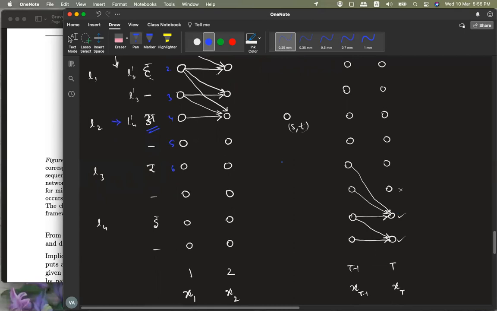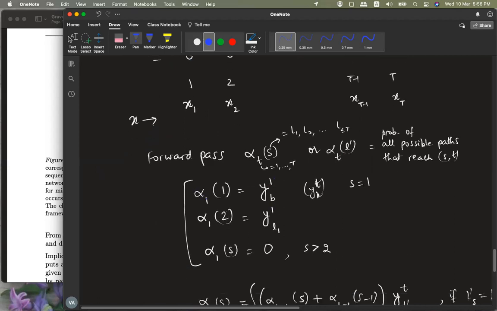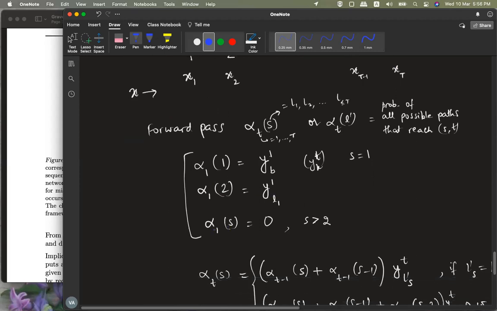It's exactly the same. You start with beta at capital T at the final state being the blank, and beta at capital T at the pre-final state being the probability of the last label, and all the others will be zero.